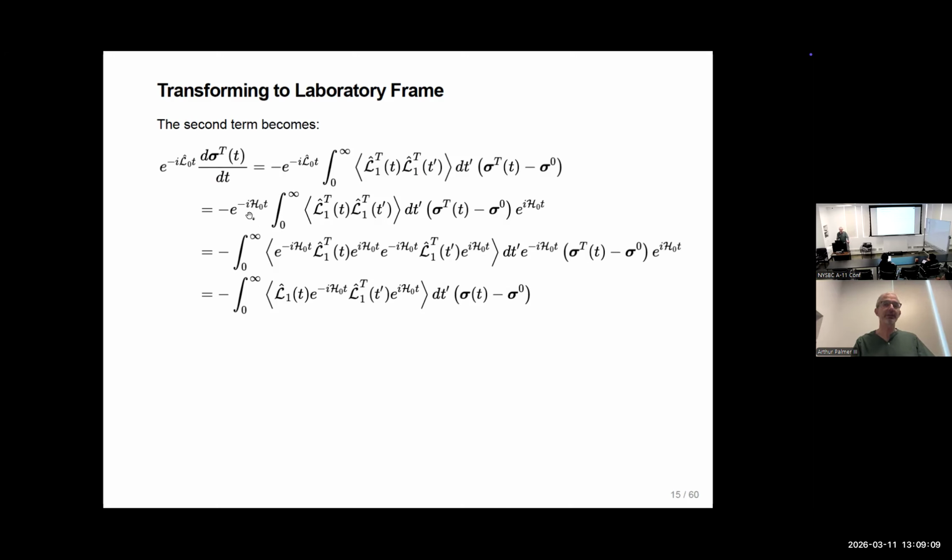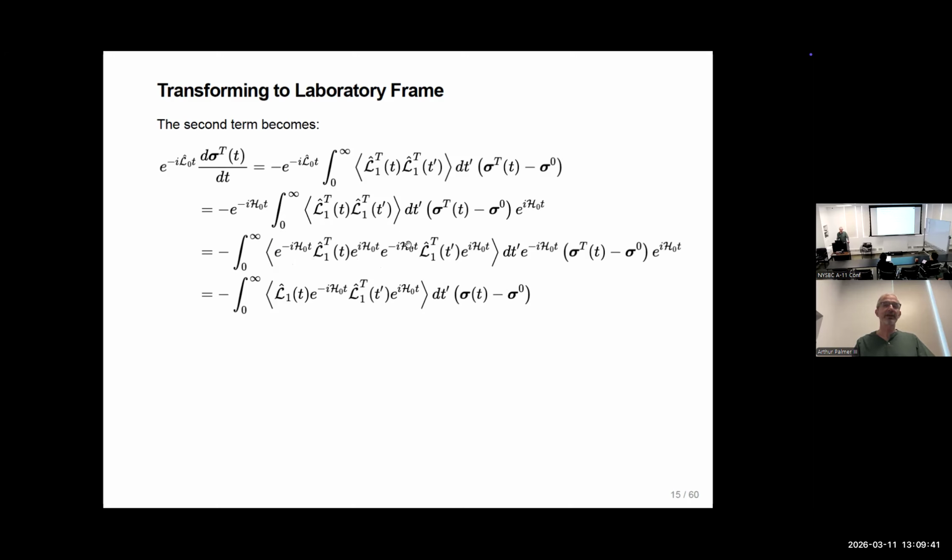So the second line shows that, where now I have e to the minus iH naught operating on the left and e to the plus iH naught operating on the right. And then on the third line, I first notice that I can move this operator inside the integrals and the additions.